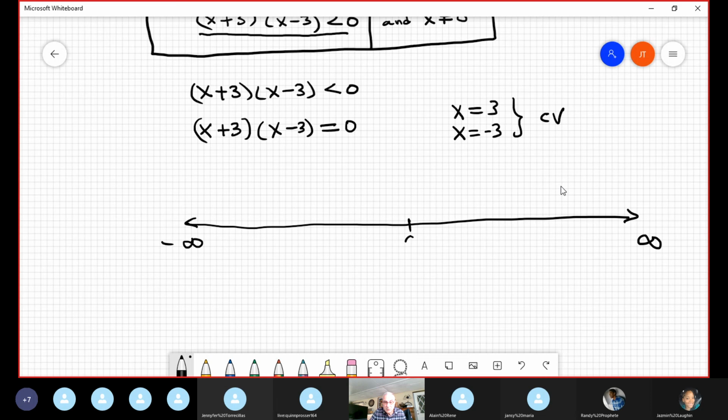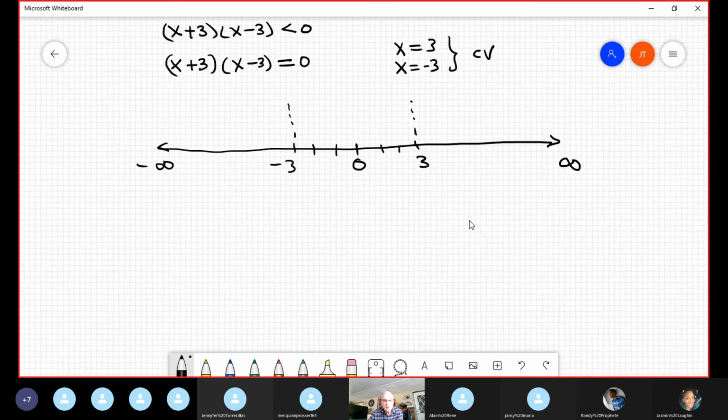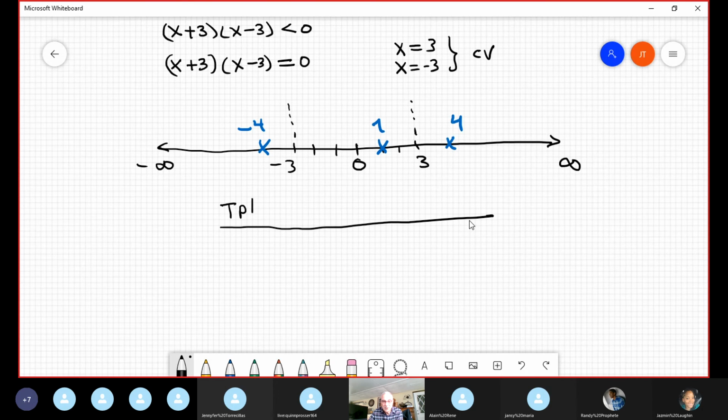Okay, positive 3, this is 0 in the middle, 1, 2, 3, and negative 3, 1, 2. Super. Okay, now you select testing points. For example, not 0 because I know that 0 is a hole. So now you select negative 4. You select another one inside, positive 1, maybe it's good, and 4. The testing points help me to analyze only the inequality part.